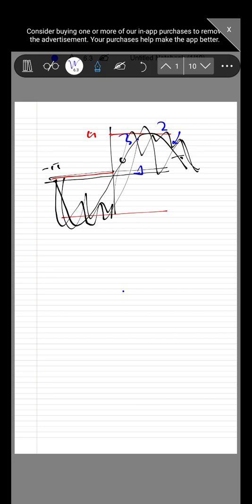Now in the original function, the discontinuity is actually occurring at x equal to 0. So this is the place where the discontinuity is taking place in the function, and at x equal to 0 the series is actually reducing to pi/2.